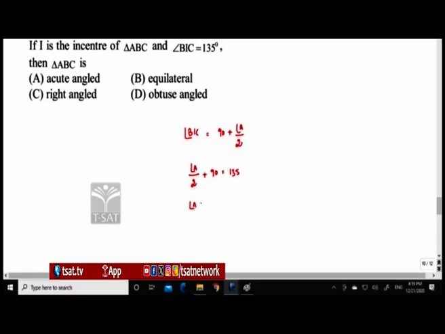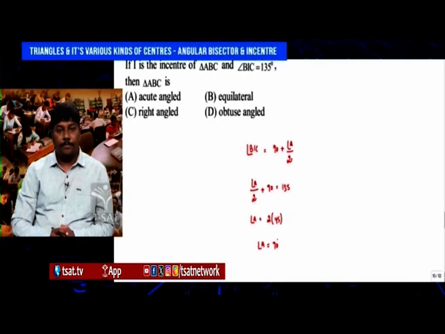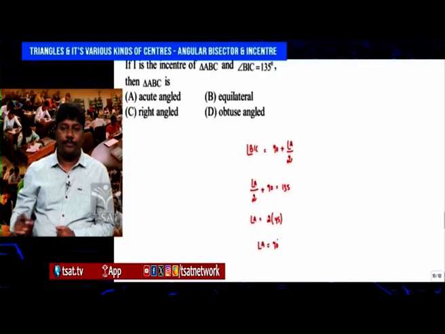Angle A is equal to 2 times 45. So, angle A is equal to 90 degrees. So, if angle A is equal to 90 degrees, we call it a right angle triangle. Suppose angle A is greater than 90, then we say the triangle is an obtuse angle triangle. So, we can't say anything about equilateral by using this property.